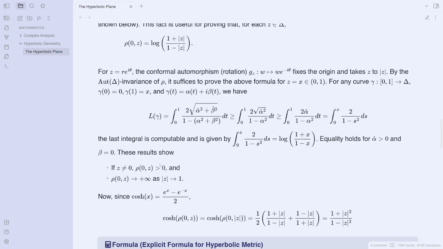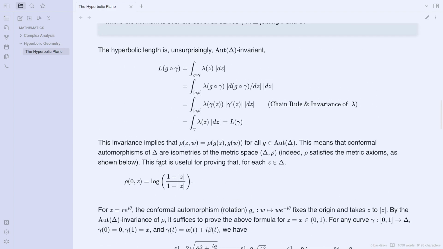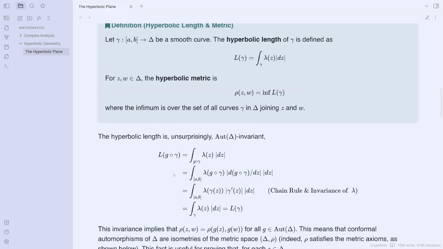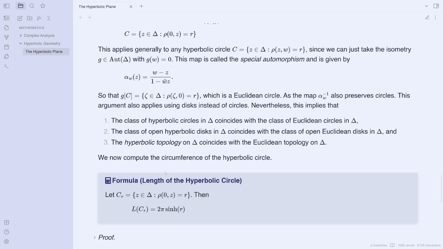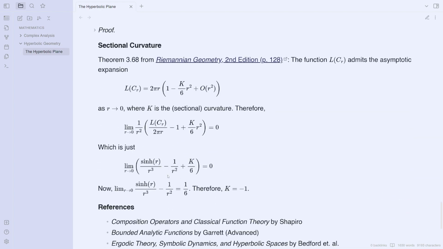No, I didn't really go into that. I just kind of said this is what we're going to define it as, and the 2 is there as a normalization. If we didn't have the 2, then this would be different. But we have the 2 there in the numerator, so that's a nice -1. If you plug this into Desmos, a rickety way of doing it, you'll see that this limit is going to be 1/6, and then you solve for k.